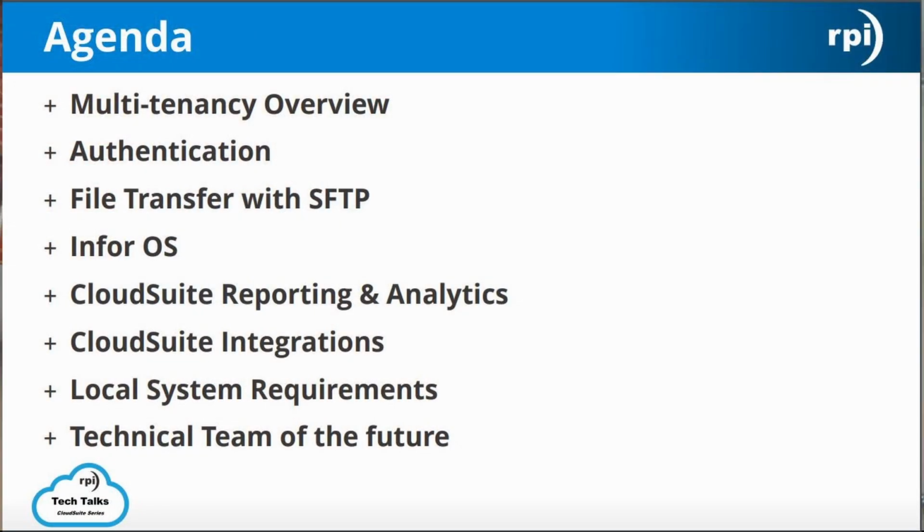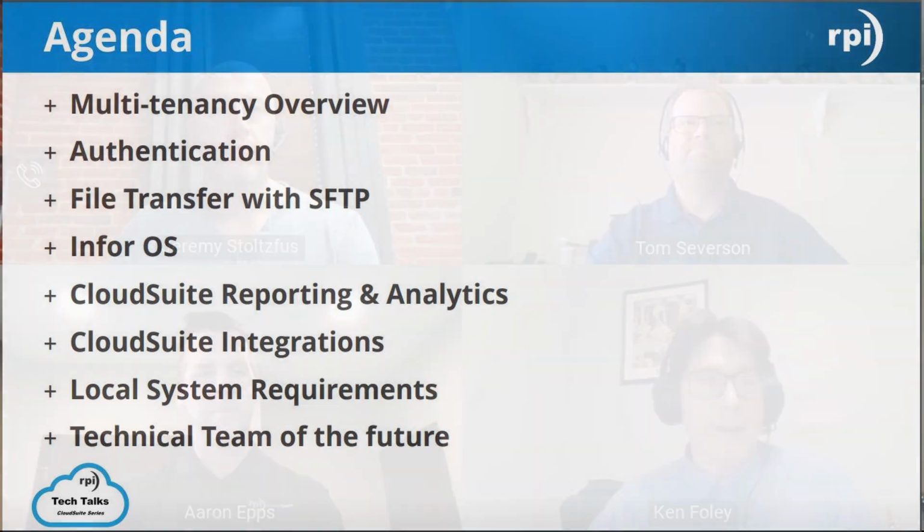So we're going to talk about the technical journey to the Infor CloudSuite multi-tenant environment in the AWS cloud. We'll provide a quick overview of the multi-tenant world, discuss some things you'll need to do to prepare for connecting to your tenants. We'll introduce you to Infor OS and give an overview of some of the key core components that you'll be using there.